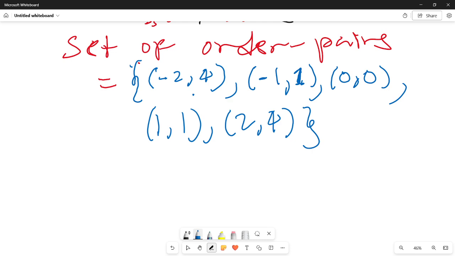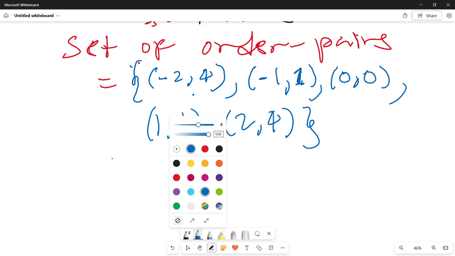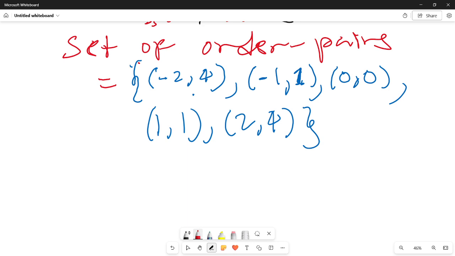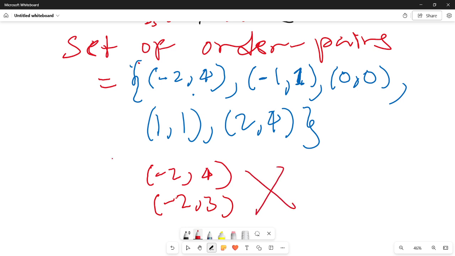From here, I'll also, from this example, explain what it means that we have to have exactly one output. It is not possible to have -2, 4 and also have -2, 3. We cannot have this. This is not possible.